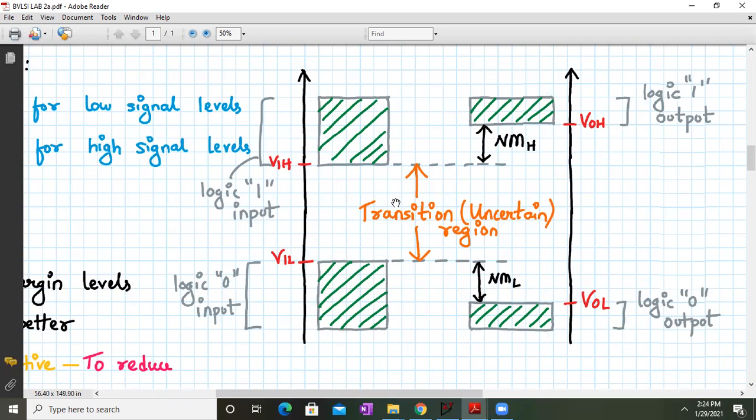So in our designs we should try to maximize the noise margin levels. If our noise margin levels are more, that means this uncertain region will be less. Design techniques, or designers, try to keep this uncertain region as small as possible.